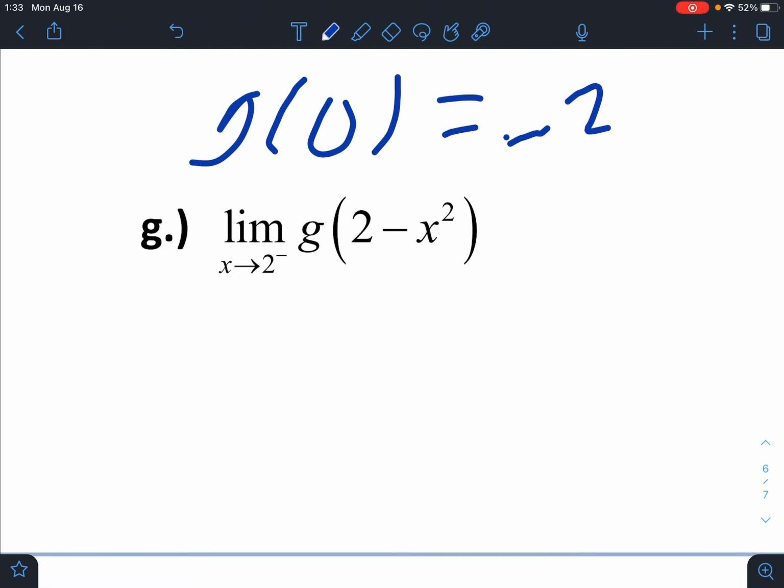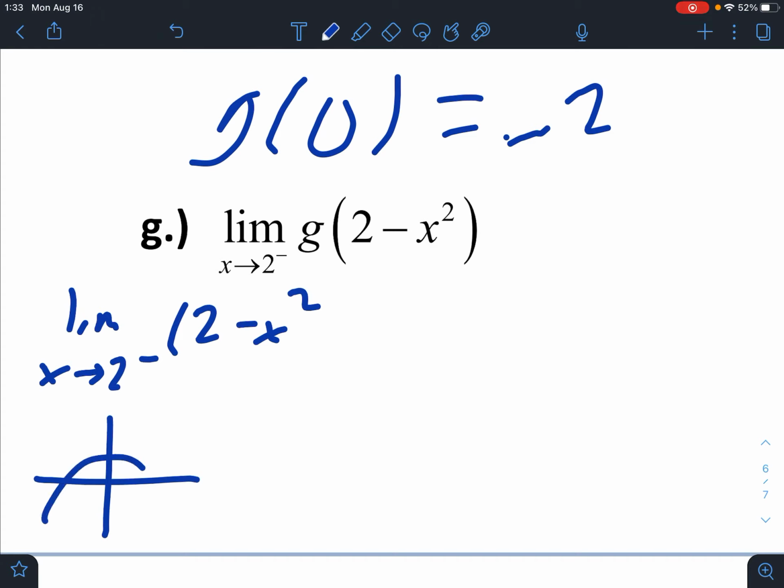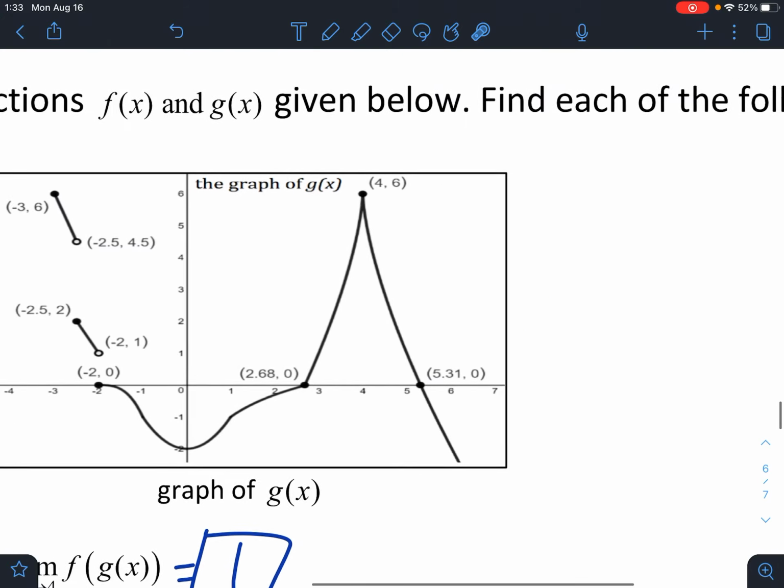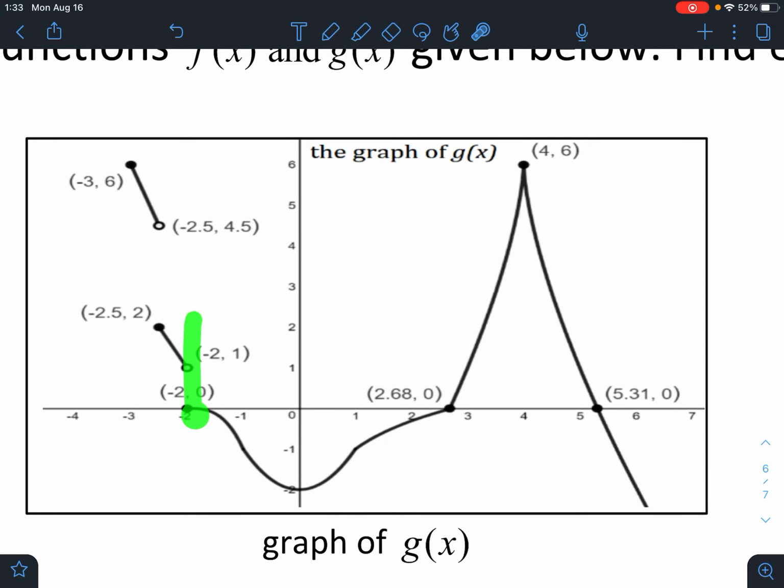Part G, so we're going to start here by doing the limit as x approaches 2 from the left of 2 minus x squared. So again, that's just going to be an upside down parabola. If you put 2 in there, you get 2 minus 4, which is -2. So from the left, we're approaching that from above, which is important, again, because we have to see if g is continuous at -2, which it is not.